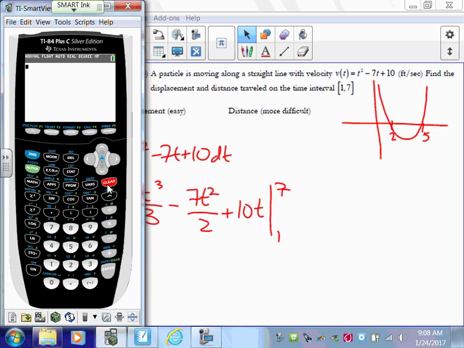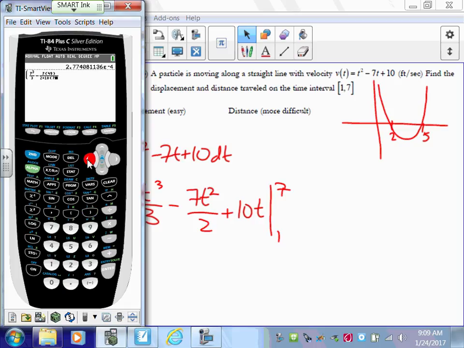Hang on. Let's see. 7 cubed over 3 minus 7 over 2 times 7 squared, which is 49, plus 10 times 7.